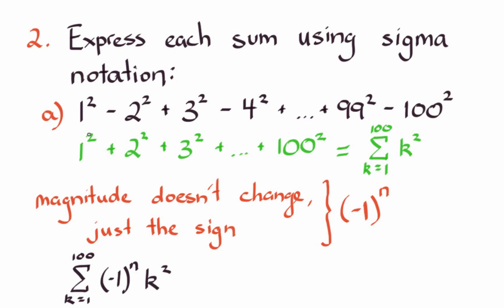So let's think about it. In our first term, so when k equals 1, we want the whole term to be positive. Now remember, positive terms come from an n value being even. But k equals 1 in our first term, which is odd. So we can't just make this k, because that would flip the sign on every single term.